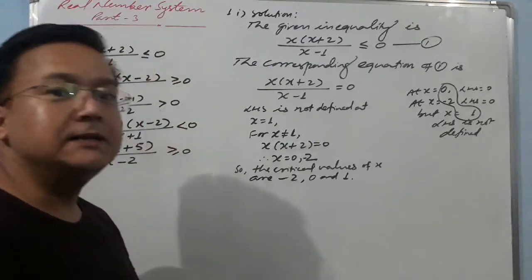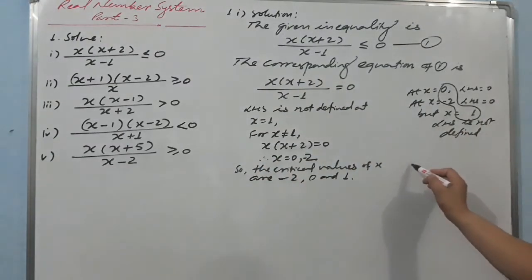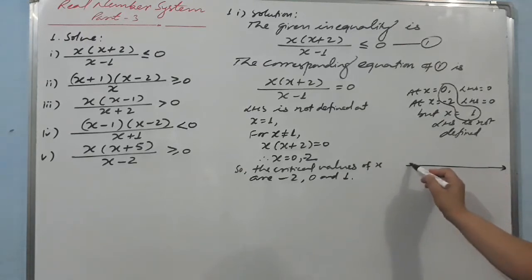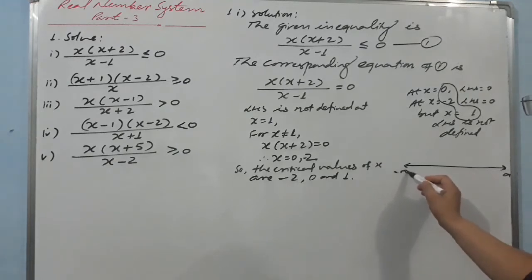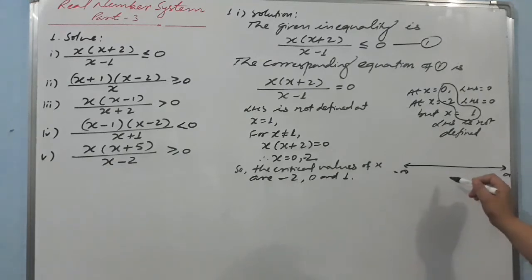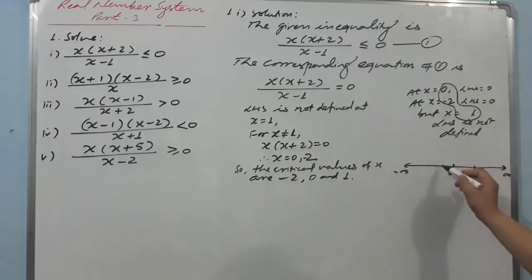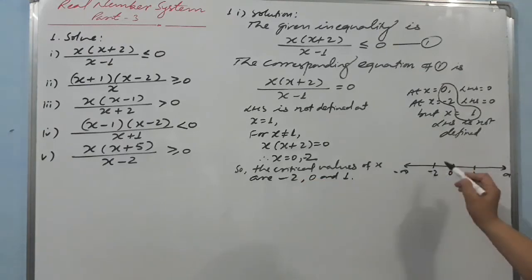So now possible intervals we need to take. It's very easy. From here also we can get possible intervals. This is a real line, with positive infinity on this side and negative infinity on this side, the extreme end points, and here 0, then 1, and negative 2.